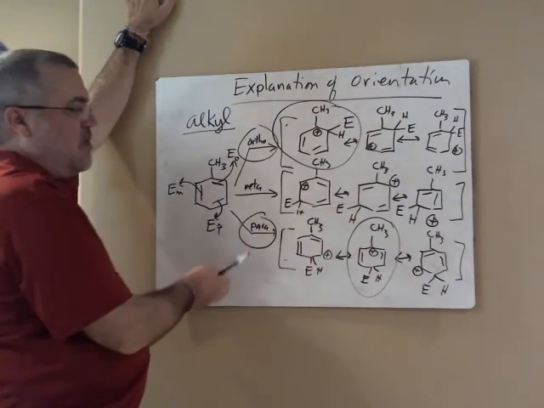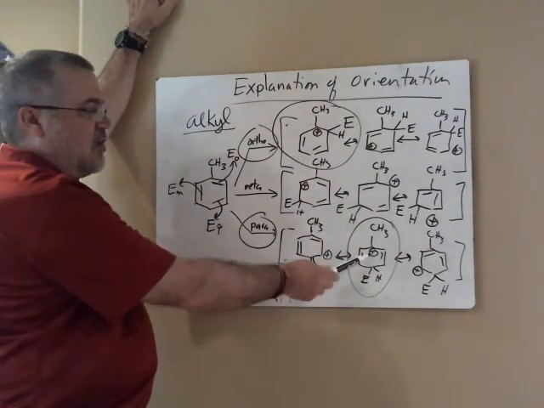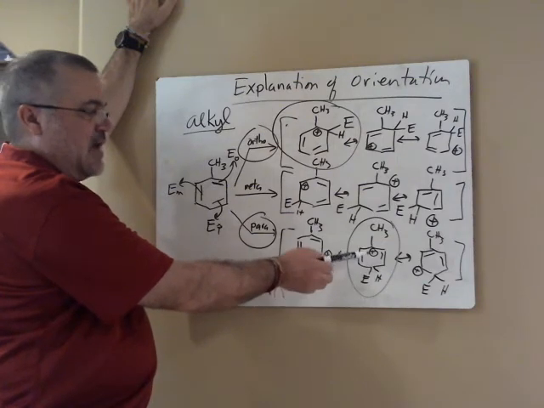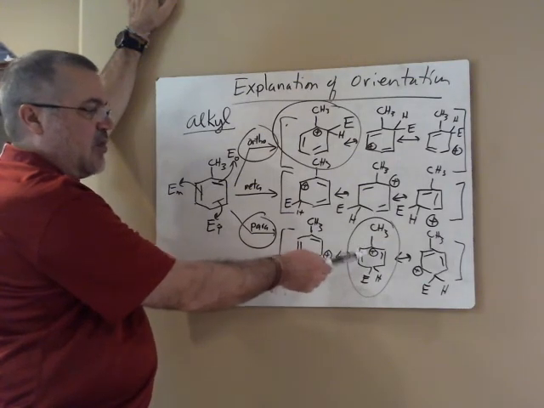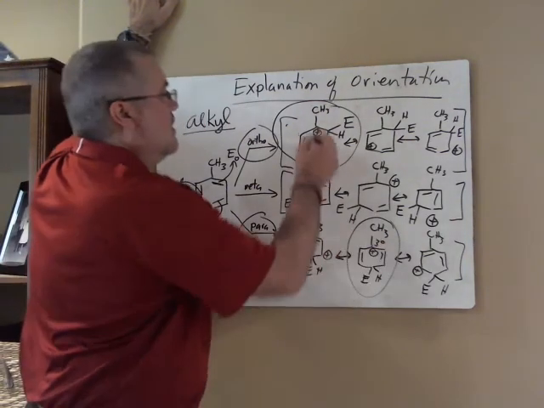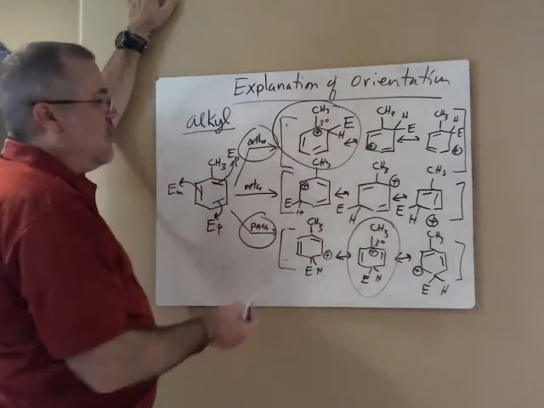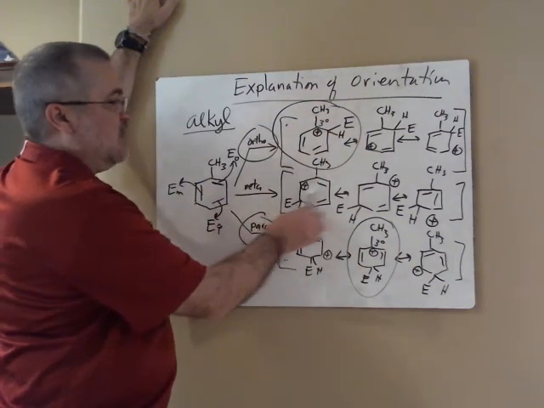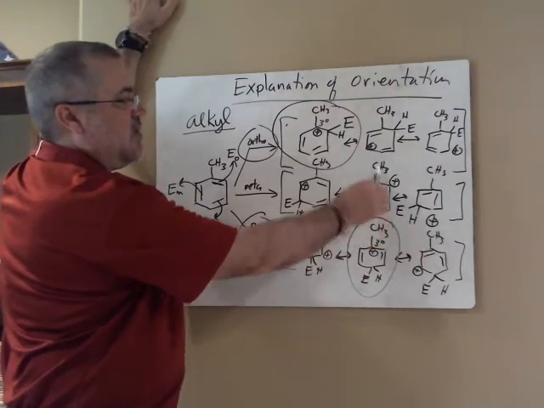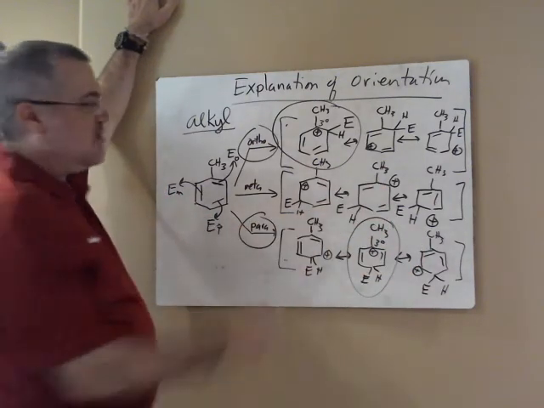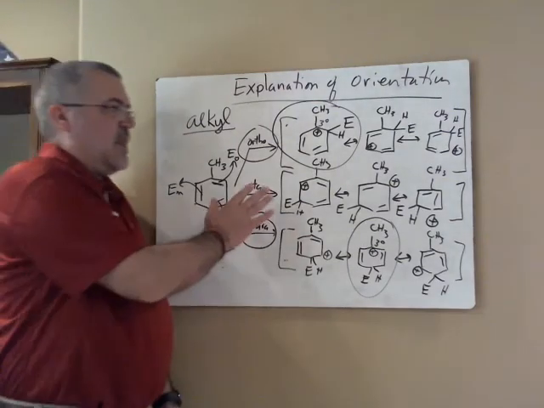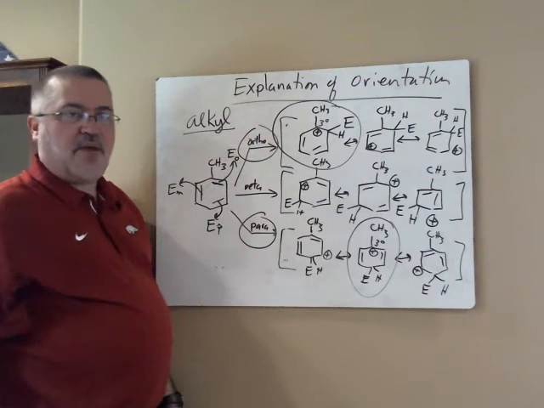In the ortho and para case, your carbocation intermediate has some tertiary carbocation character, because this is tertiary and this is tertiary. Whereas in the meta case, your carbocation is never on this carbon that the methyl is attached to. So you have no tertiary carbocation character when you go through that meta pathway.